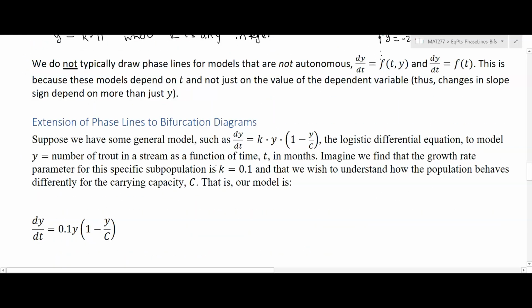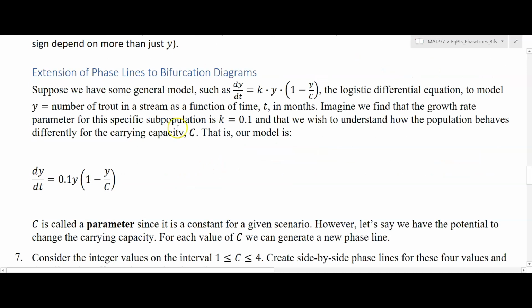The other advantage of working with phase lines is that we can go back to studying models with parameters in there. So let's say we have some general model. This model is what we call the logistic differential equation, and it's a little bit more realistic than, say, something like dy/dt equals 0.1y, because in this model, this solution will always be exponential.